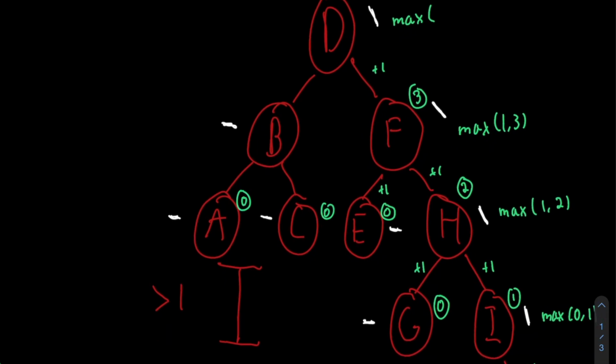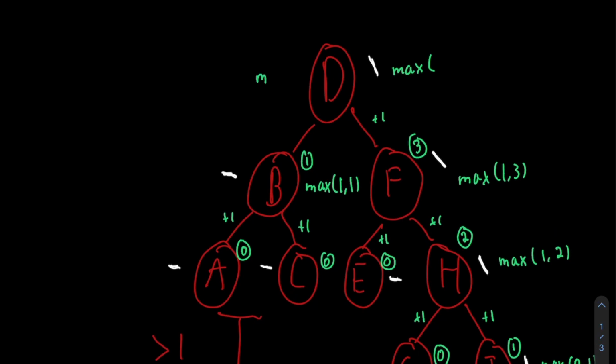This is going to be 0. B is going to do max of 1 comma 1, which is just going to be 1, because as we're going up, we're adding 1s. And then D has to decide between max of 2 comma 4, and it's going to choose 4.